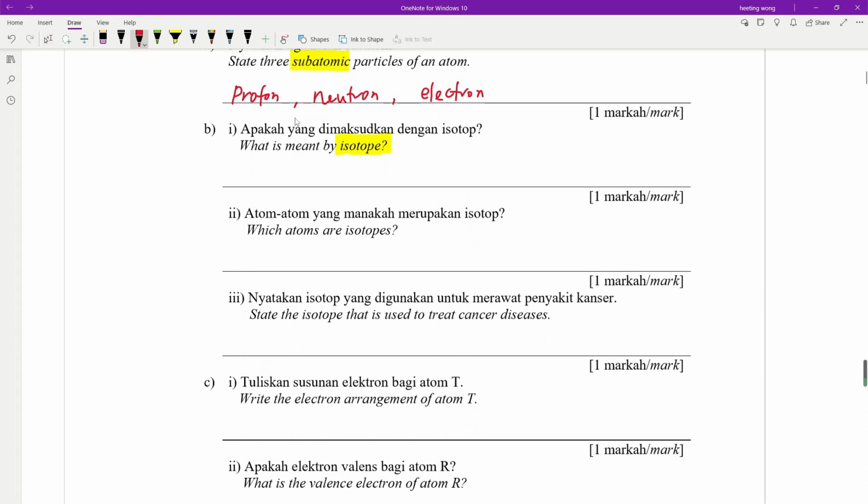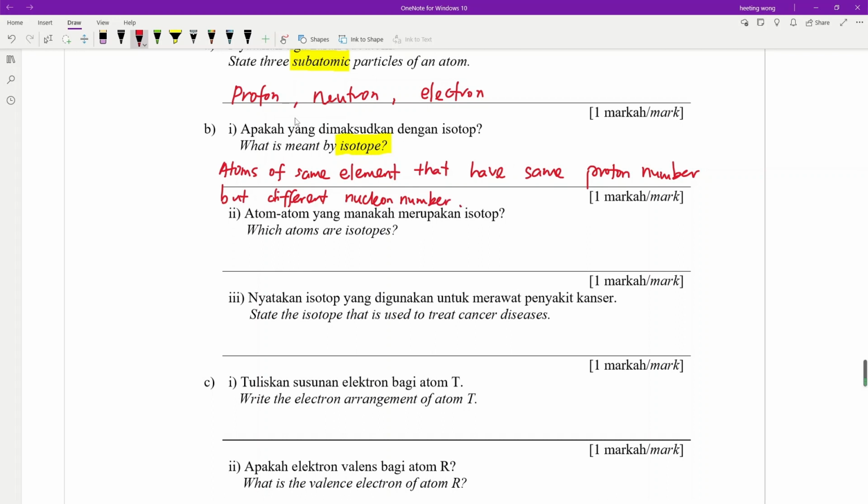First, they are atoms of the same elements that have the same proton numbers but different nucleon number.